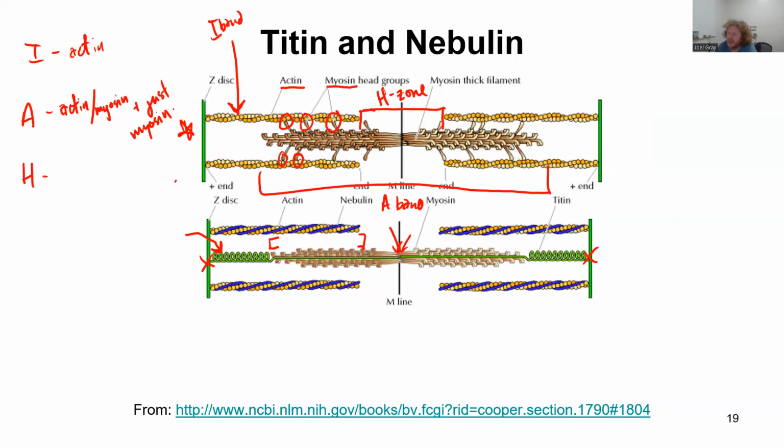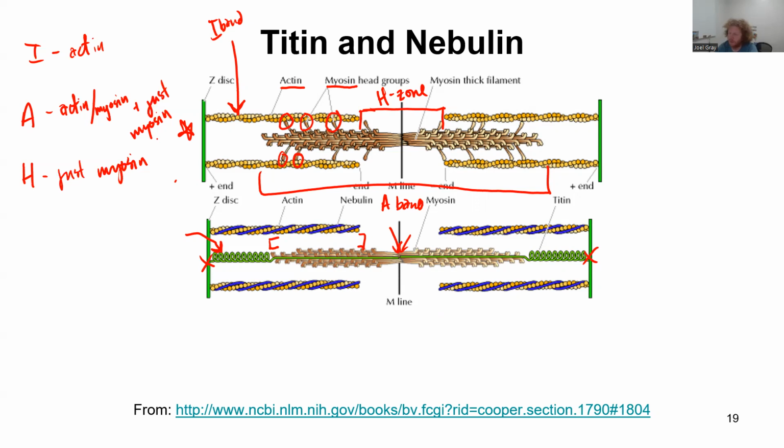But the H zone is a specific region of the A band that is just myosin. So I band, A band, and H zone.